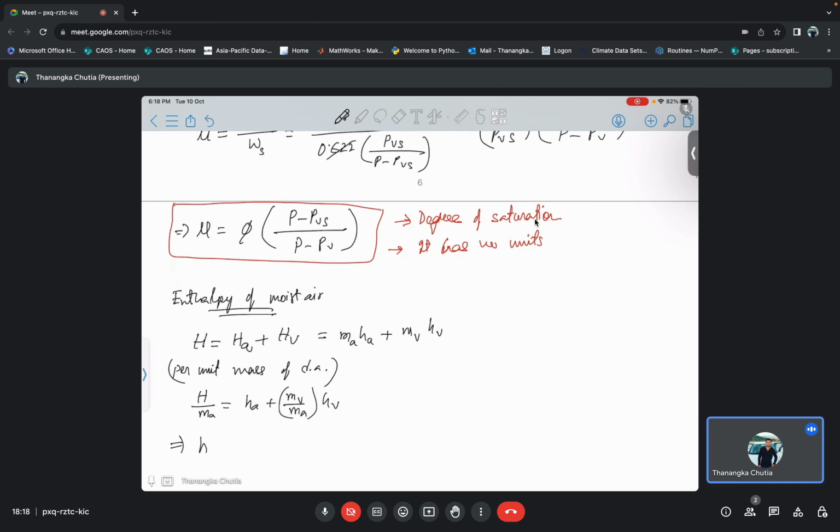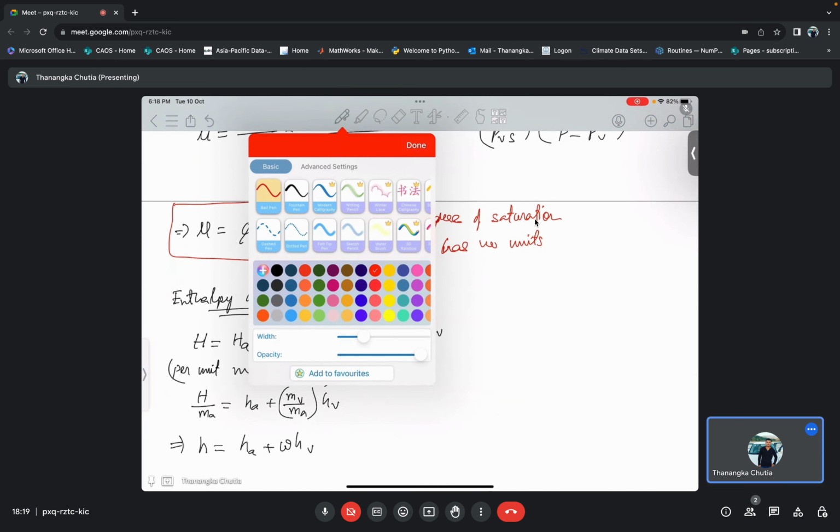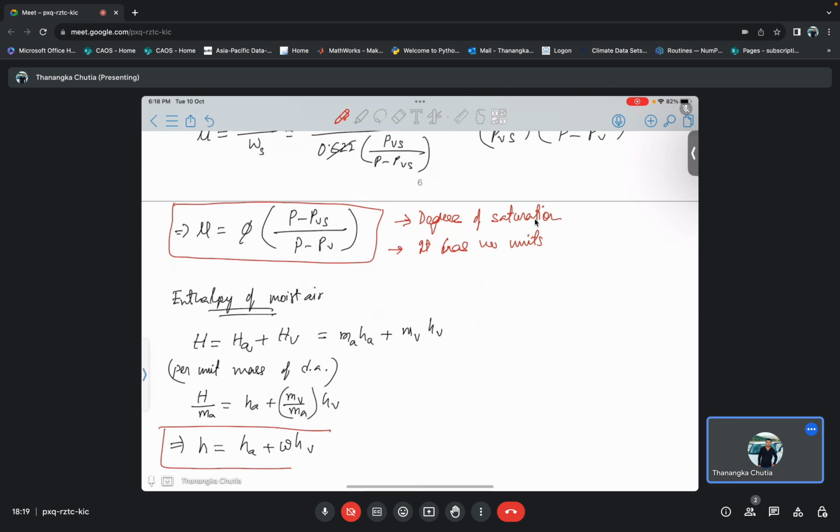That means this h will be nothing but HA plus W times HV. So this is your enthalpy of moist air, and its unit will be kilojoule per kg of dry air. You have to remember this thing. This is per kg of dry air.